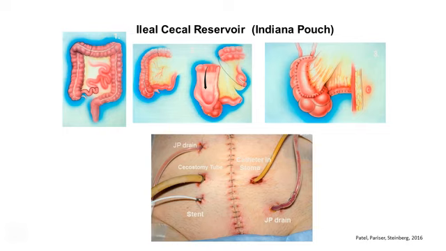To create the pouch, the intestine is opened on its anti-mesenteric border and folded over to create a reservoir as seen in photo B on the slide. The ureters are then tunneled or implanted into the reservoir in such a way as to provide an anti-reflux mechanism to prevent backflow of urine to the kidneys. There will be one stent per kidney.